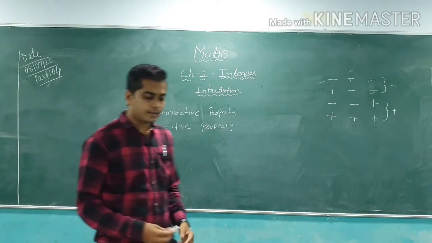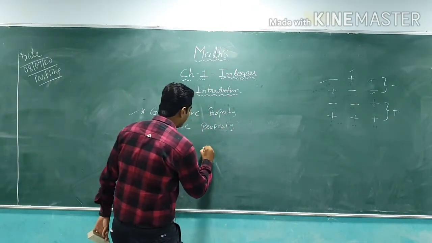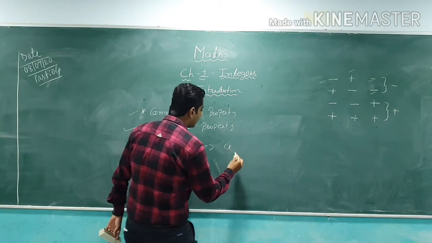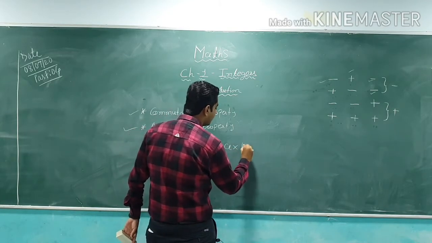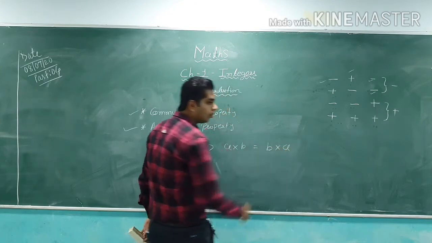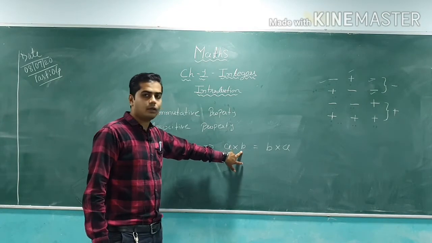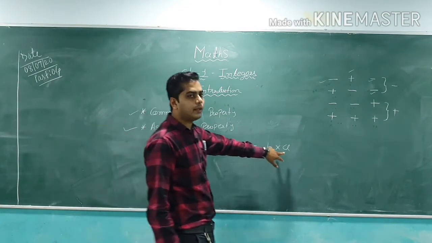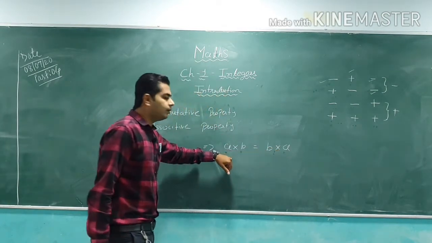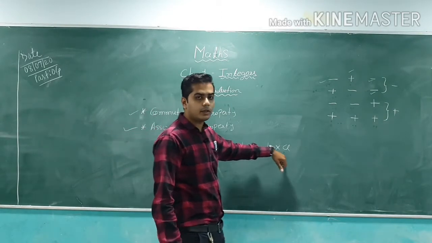Same as addition, the rule for the commutative property is A multiply B is equal to B multiply A. What does it mean? It means if you interchange the position of integers, you will get the same answer.